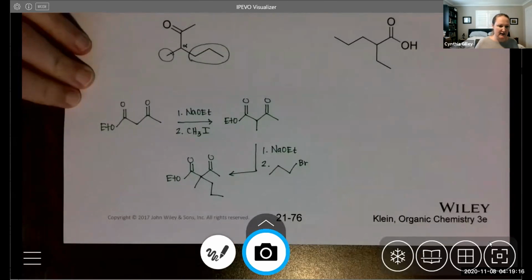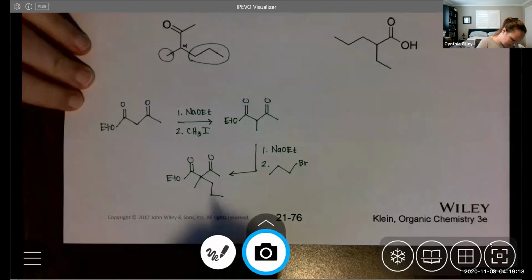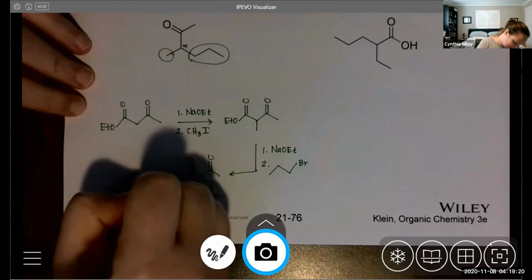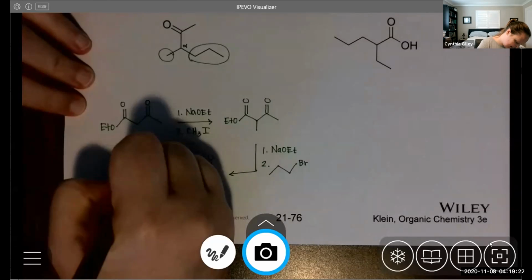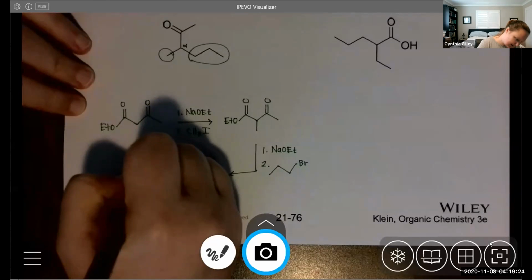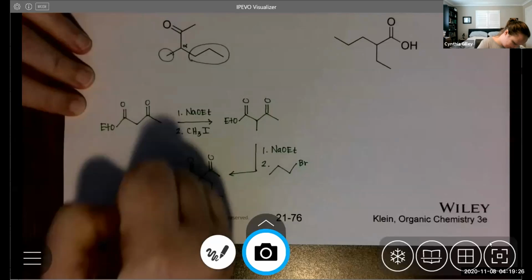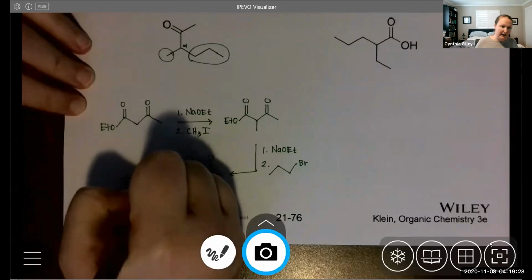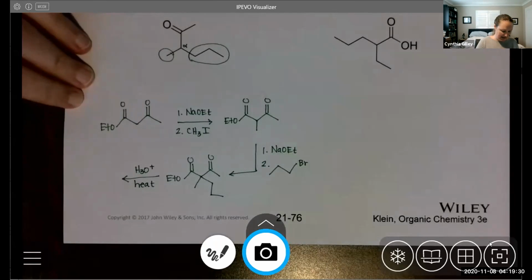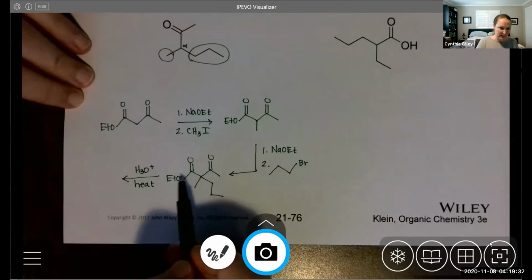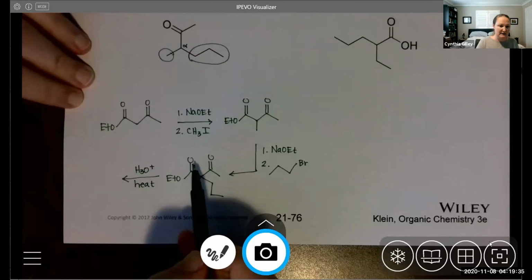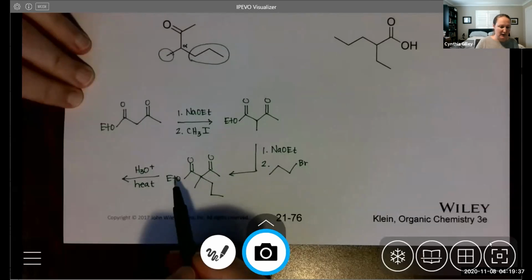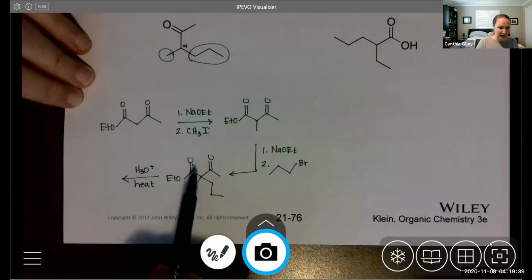Okay. And then recall that the last step to get to the product is an acidic hydrolysis with heat. The acidic hydrolysis will hydrolyze the ethyl ester to a carboxylic acid, which will then decarboxylate, and we'll end up losing this entire group, replacing it with a hydrogen.